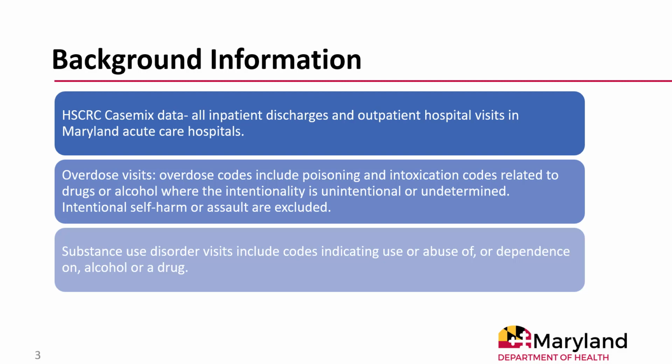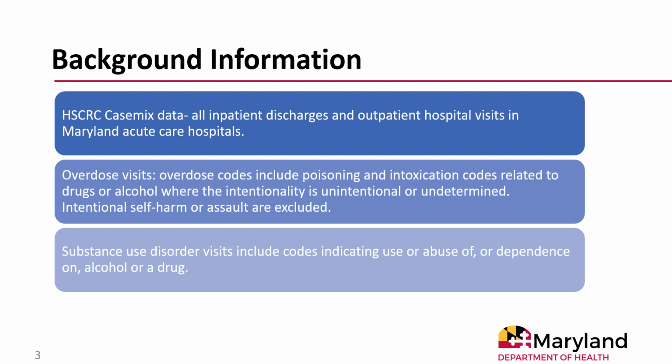Codes indicating intentional self-harm are excluded. It also contains data on substance use disorder related visits, which include use, abuse, dependency of a number of drugs. The specific ICD-9 codes for SUD and OD related hospital events can be found in the Notes tab.